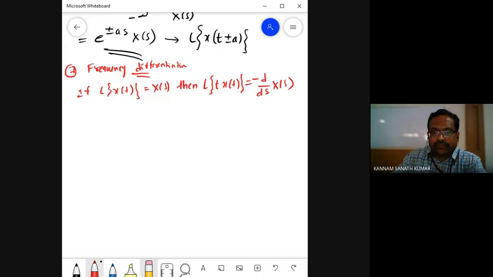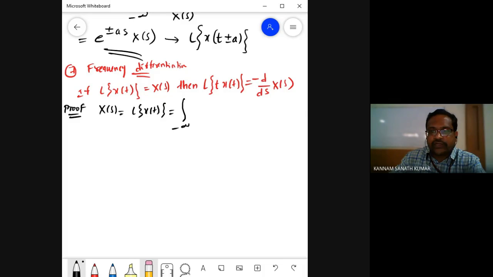So now proof. X of s equals the Laplace transform of x of t, which you know: integration from minus infinity to infinity of x of t into e power minus st dt. Now let us differentiate.